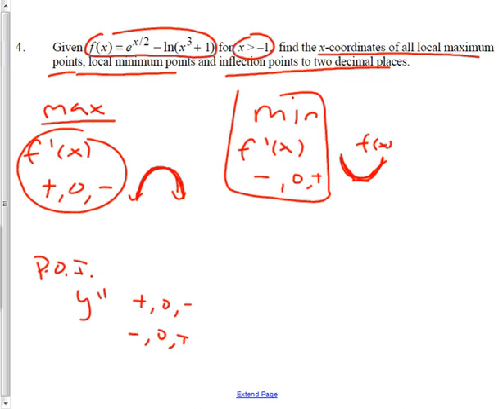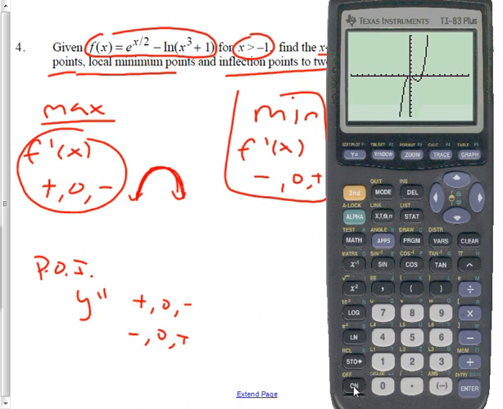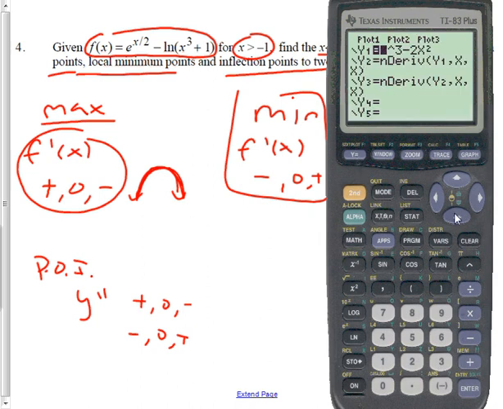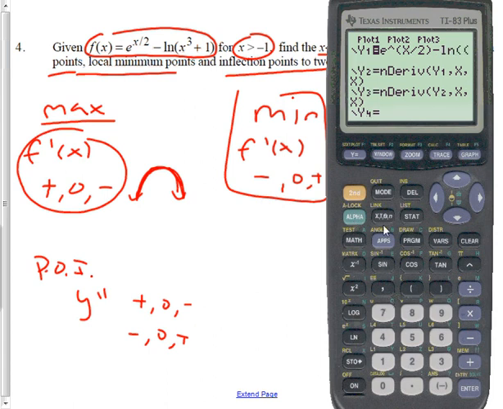Let's pull up our calculator, and we want to look at y equals e to the x over 2 minus ln of x cubed plus 1. Notice that I've been storing the first derivative and second derivative in here, since it makes it easier.